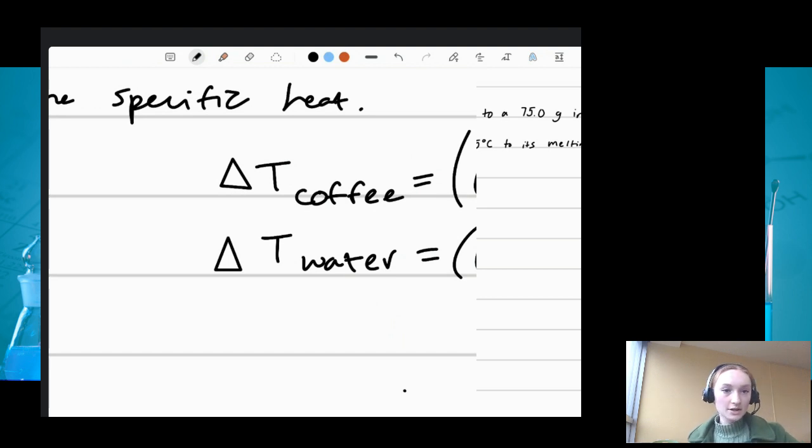And just a quick side note, for these changes in temperature, I'm using Celsius because it's a change in temperature. It's more of a common practice. Just ask your teacher what they would like to see, and have you develop as a habit changing between Celsius and Kelvin. The reason why it's going to work out the same is because delta T has to do with the difference value.